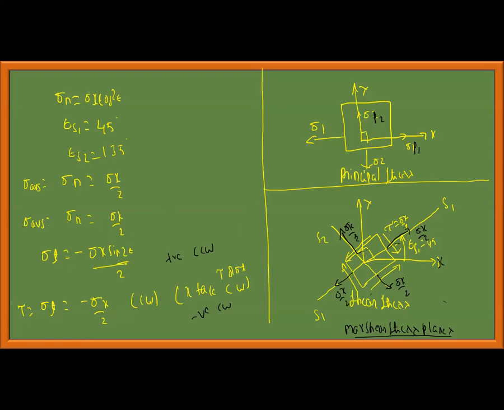You find the maximum shear stress planes and the magnitude of shear stresses, and these shear stress planes are accompanied with the average stresses. You substitute theta s1 in normal stress, and you will get the magnitude of sigma average. Okay, this is how you have to go about it.